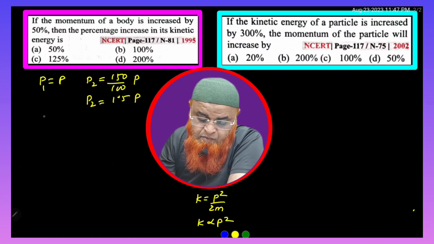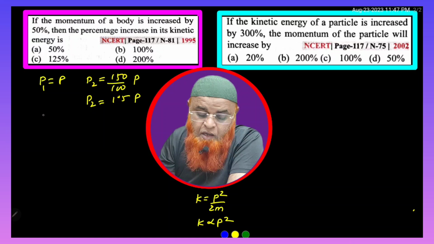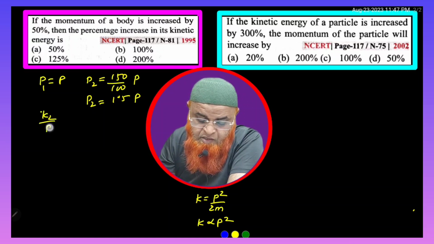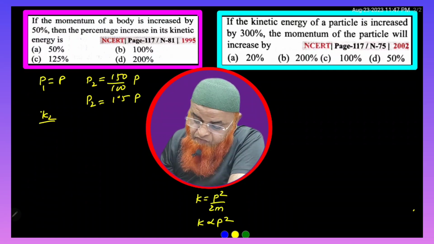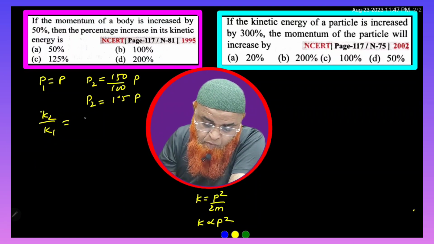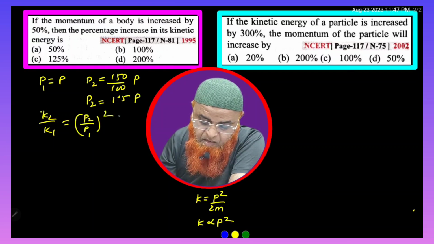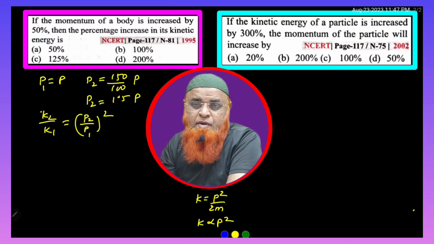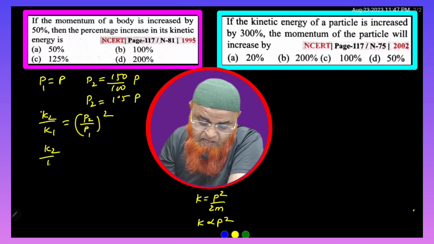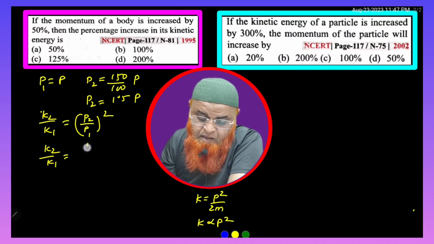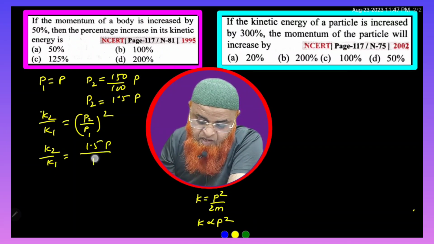Then after that what you'll do? You all know that kinetic energy is directly proportional to P square. So K2 by K1 is nothing but P2 by P1 whole square, because it is directly proportional to momentum. P2 is nothing but 1.5 P and P1 is nothing but P, whole square.